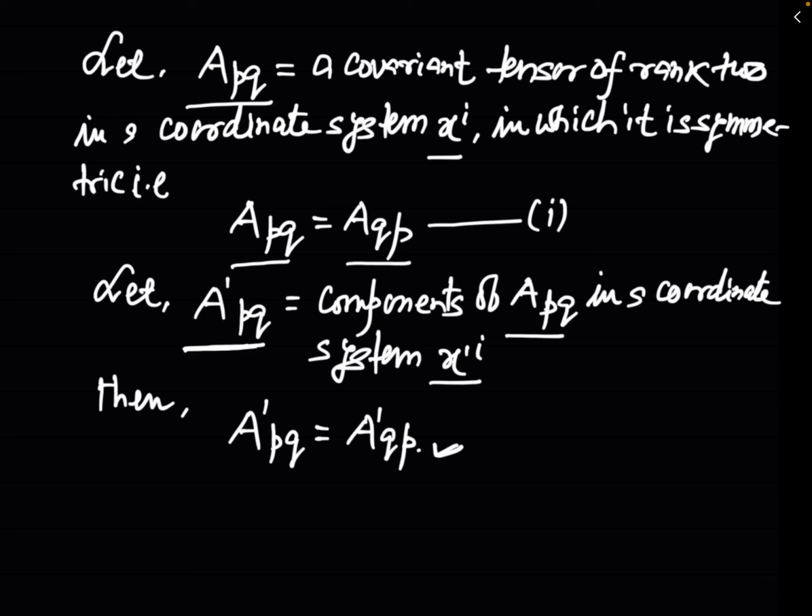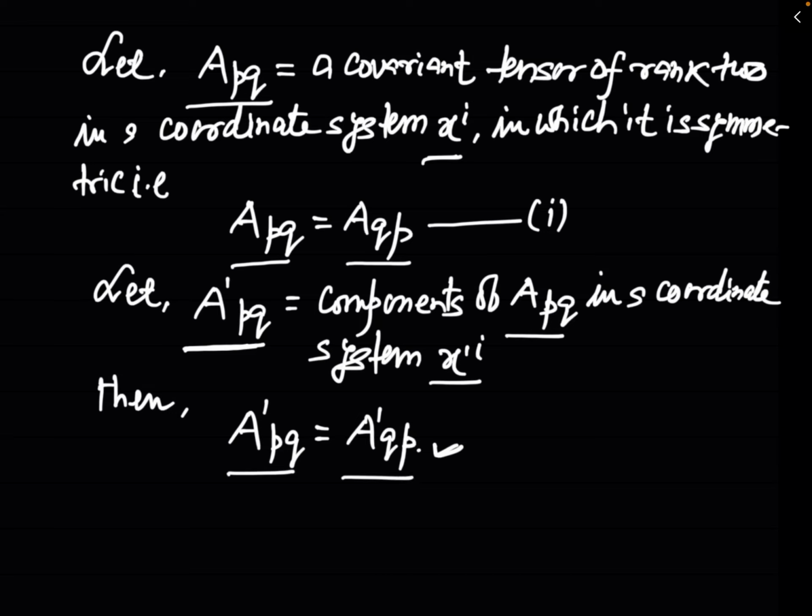And when this result will be proved, you can easily say that this symmetry property is independent of the coordinate system, because if a tensor is symmetric in one coordinate system, then that tensor is also symmetric in another coordinate system. So let us see how this result can be proved.